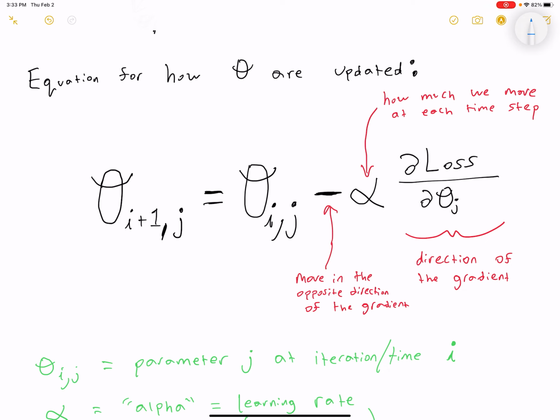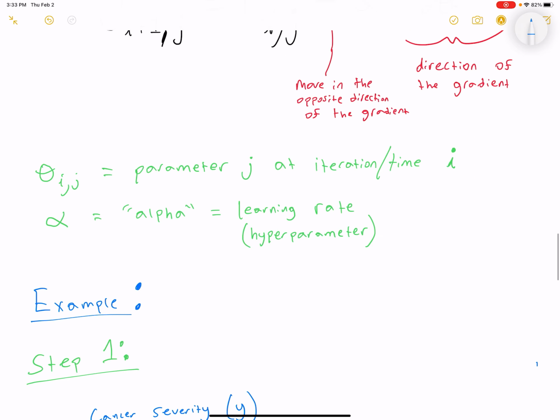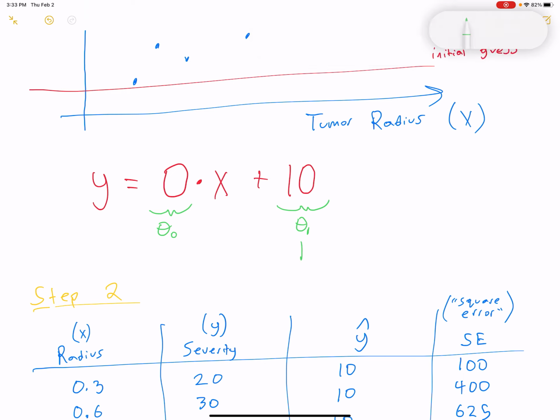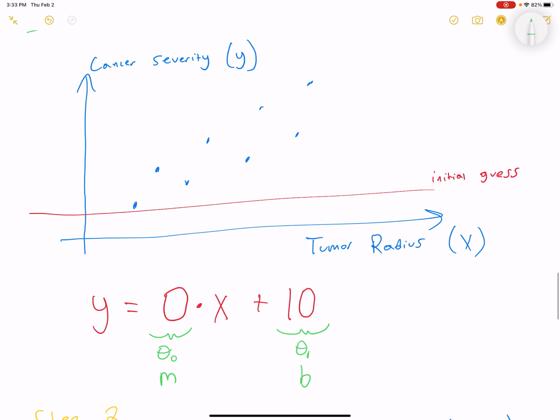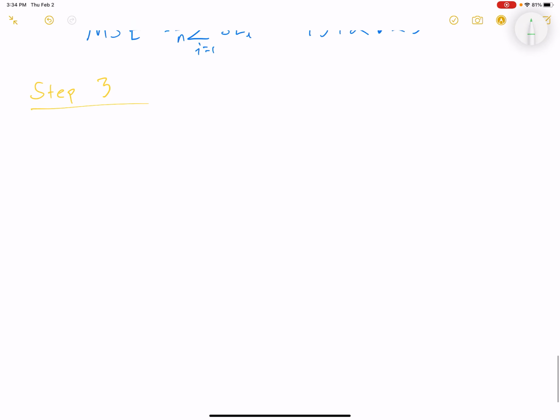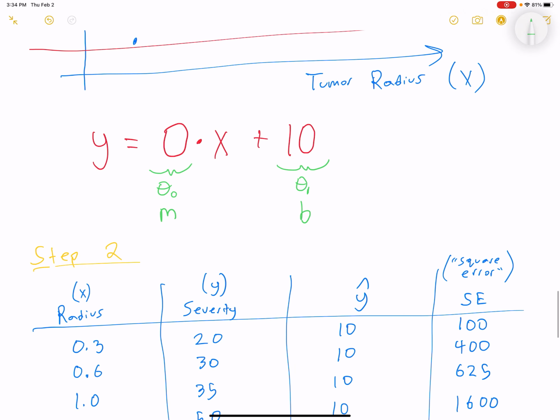So this is the derivative of the loss function with respect to each of our parameters, and we have 2 parameters, m and b. So that I don't confuse myself, I'm going to clarify that this is b and this is m. Y equals mx plus b. I'm going to use that in the examples, just so I'm not wondering which one was theta 0 and which one was theta 1.